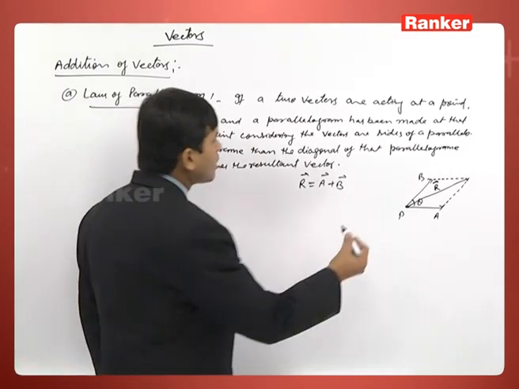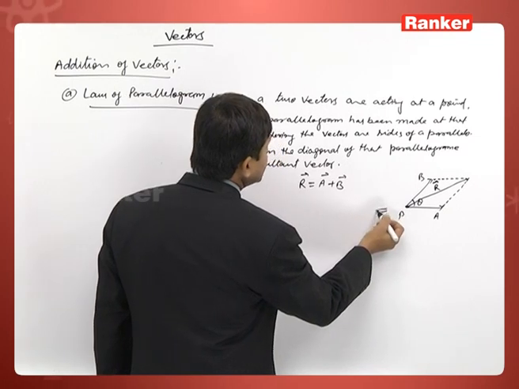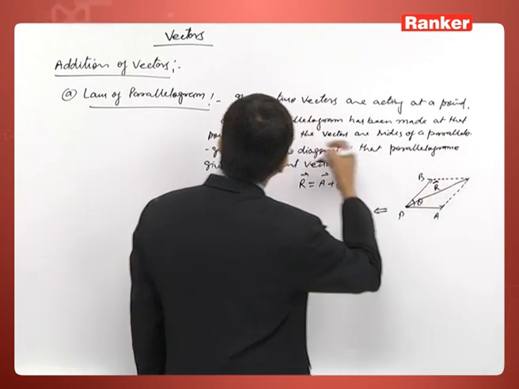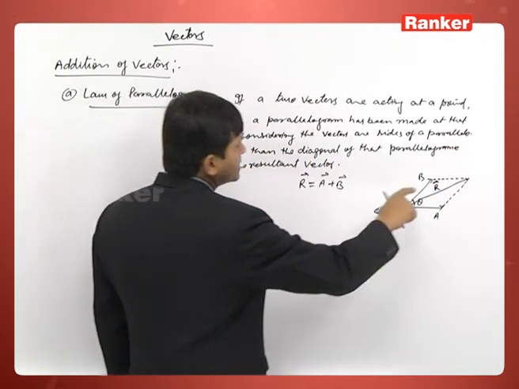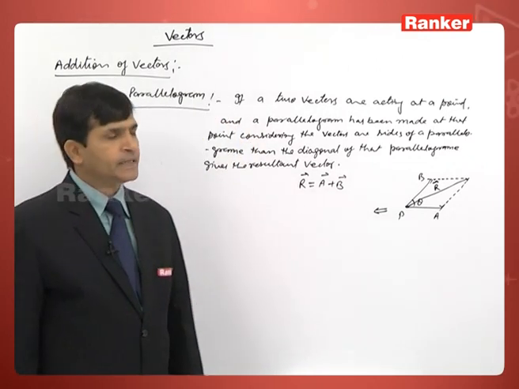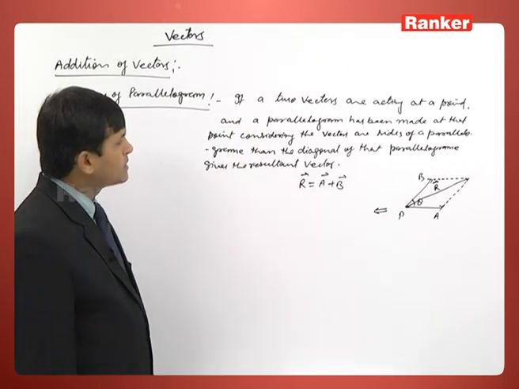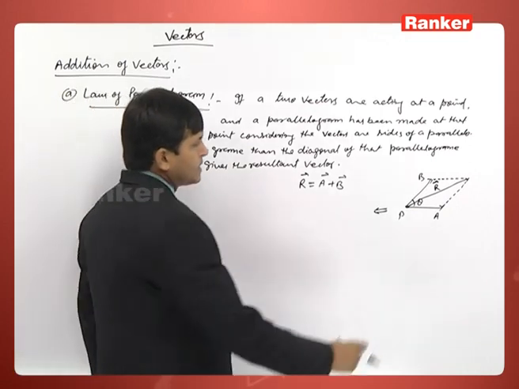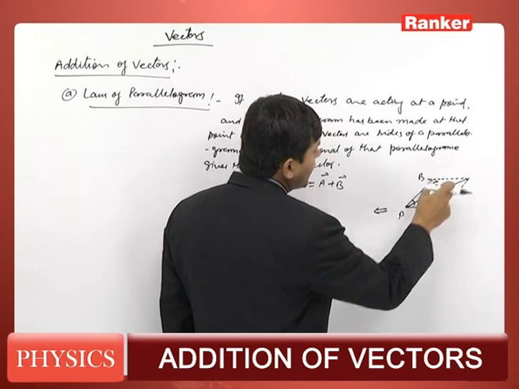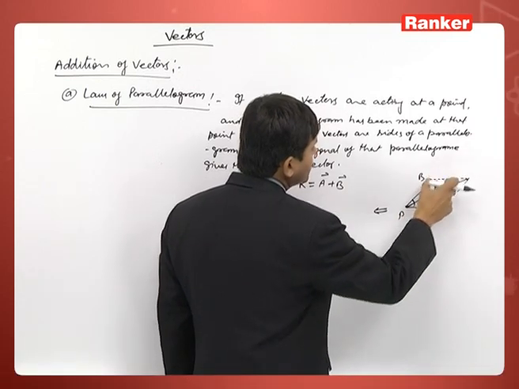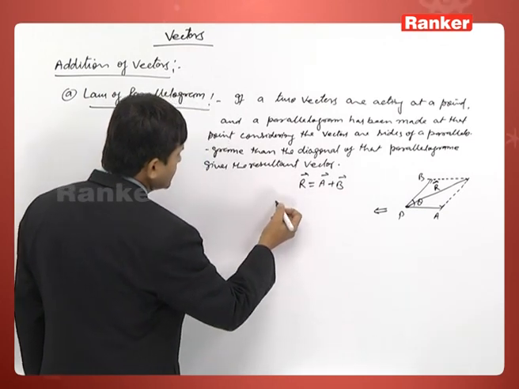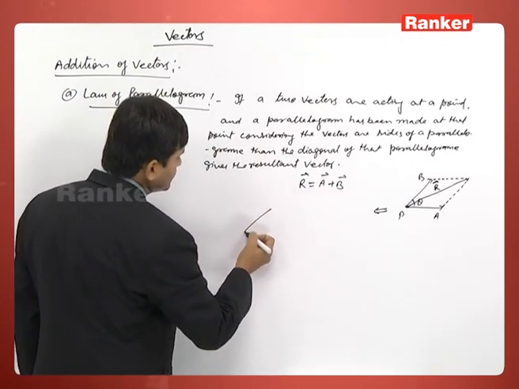So how to solve such a condition? According to the definition of the law of parallelogram, this R is the resultant of vectors A and B. But how to determine the value of R? This is the magnitude of vector R, and this is the magnitude of vector A. If we construct further, you will get it like this.